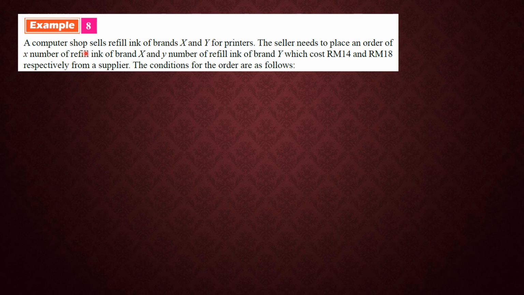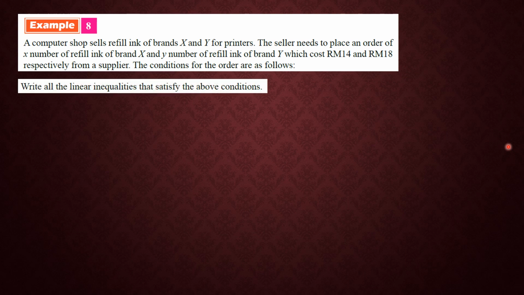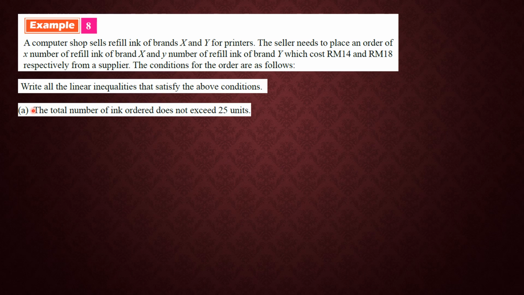A computer shop sells refill ink of brands X and Y for printers. The seller needs to place an order of X number of refill ink of brand X and Y number of refill ink of brand Y, which cost 14 ringgit and 18 ringgit respectively, from a supplier. The conditions for the order are as follows. We have to write the inequalities for the conditions given.